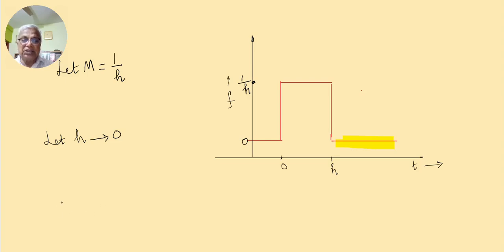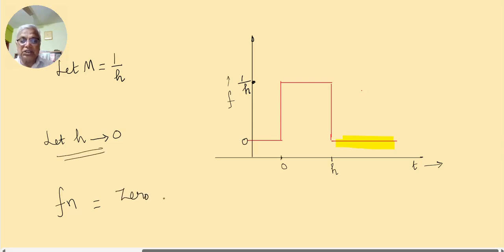So in the limit of h tending to 0, we will get a function which is 0 everywhere except at t equal to 0. So at t equal to 0, the value of the function will be infinite.